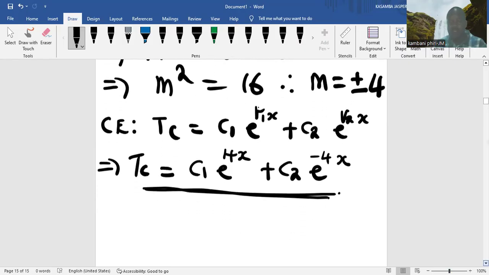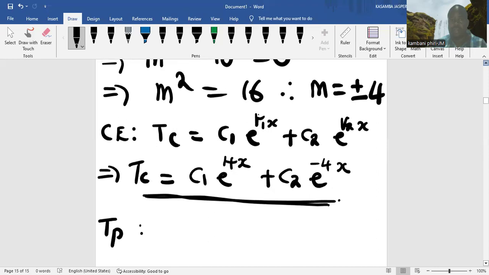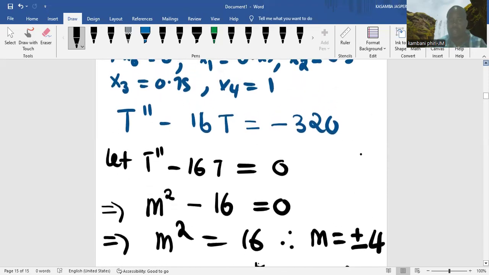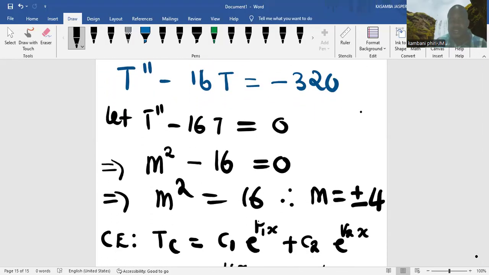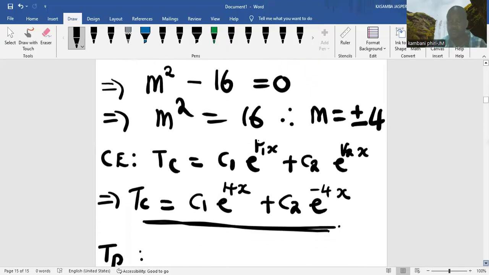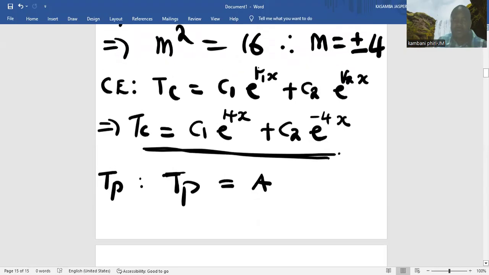We can also deal with the particular solution, that is TP. We are going to say TP is equal to A. Why are we saying TP is equal to A?